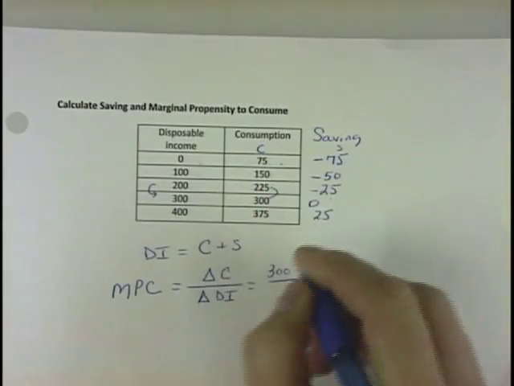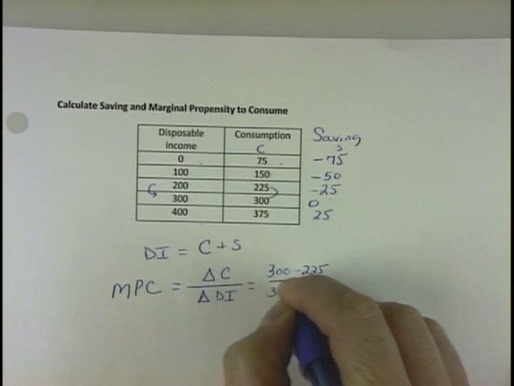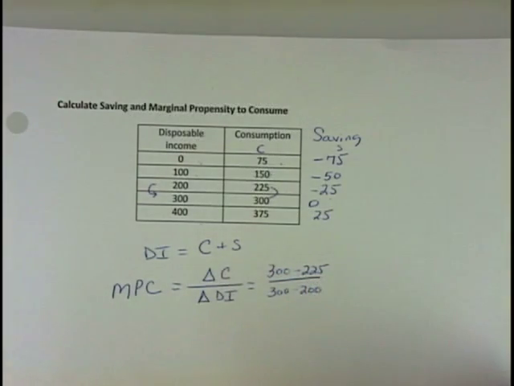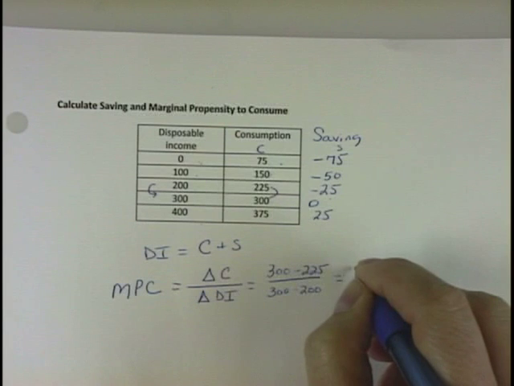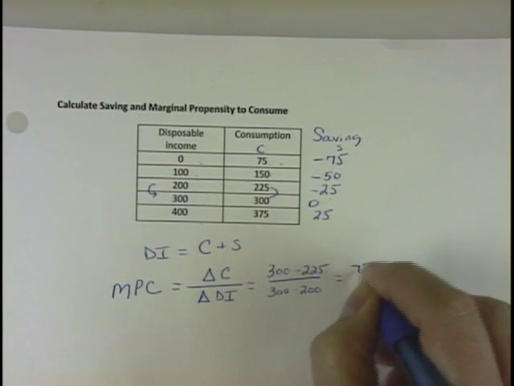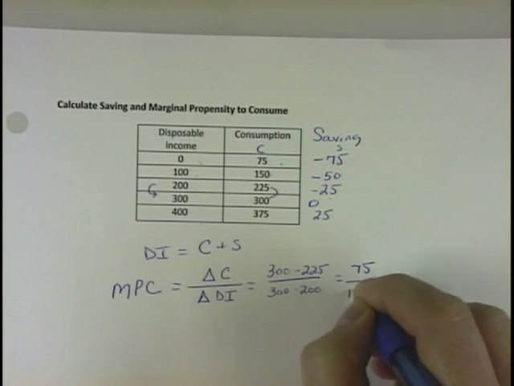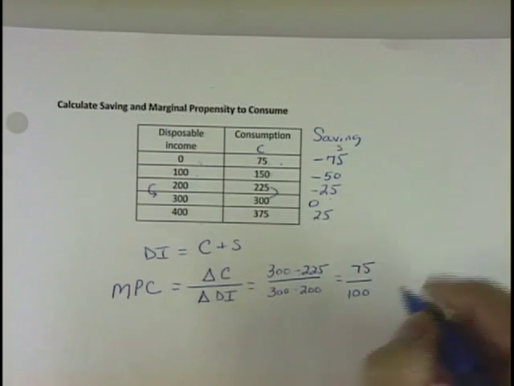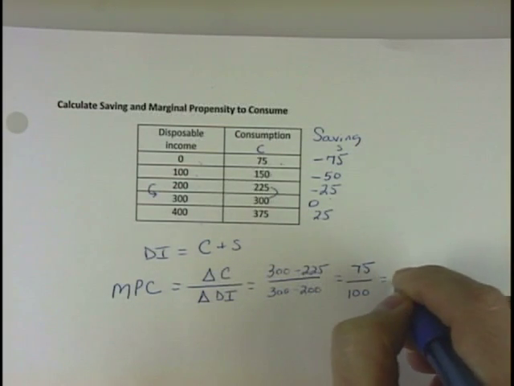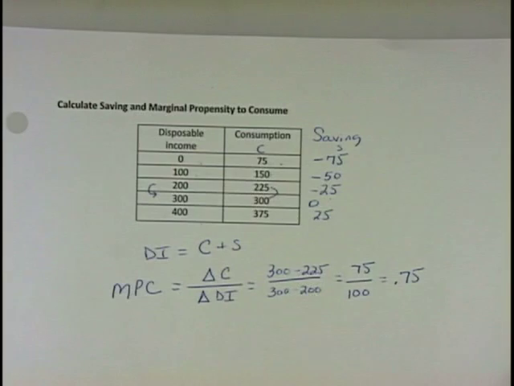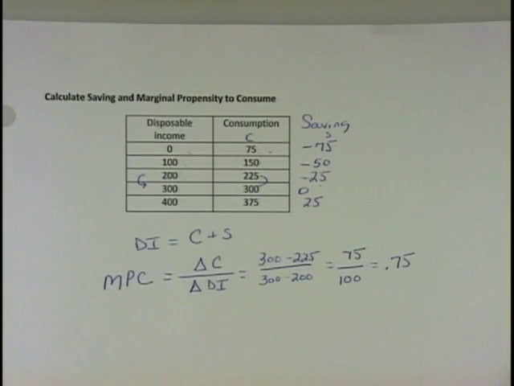Our change in disposable income is going to be 300 minus 200. So 300 minus 225 is 75, and 300 minus 200 is 100. That's going to equal 0.75. So what that means is out of every new dollar I get, I'm going to spend 75 cents.